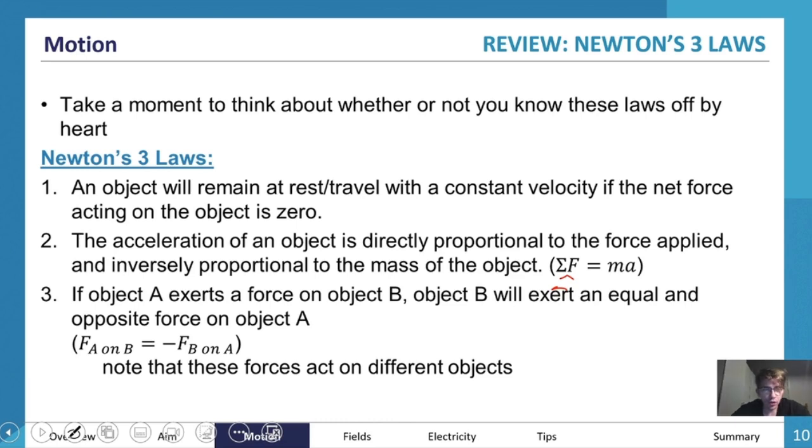Now, the third law, the most misunderstood out of all. If object A exerts a force on object B, object B will exert an equal and opposite force on object A. What does that mean?